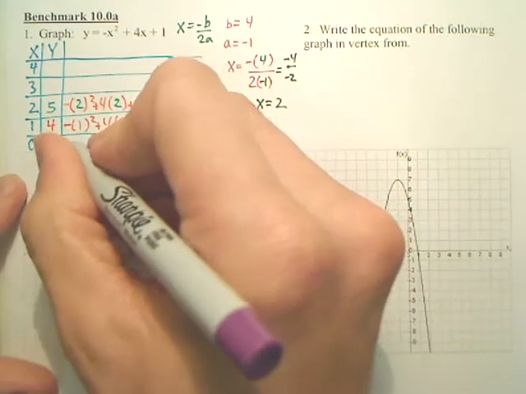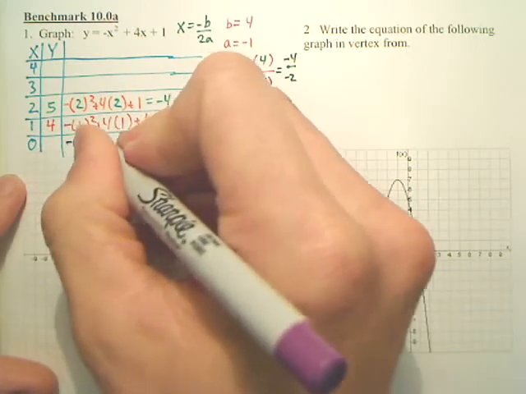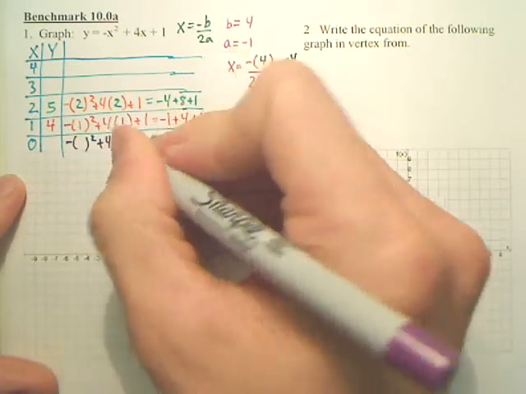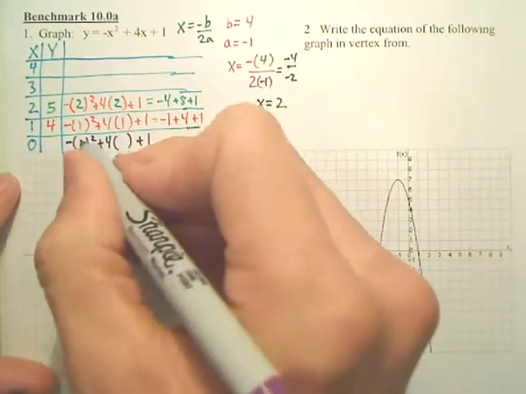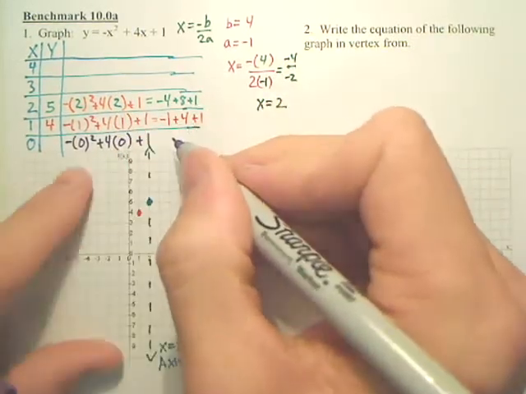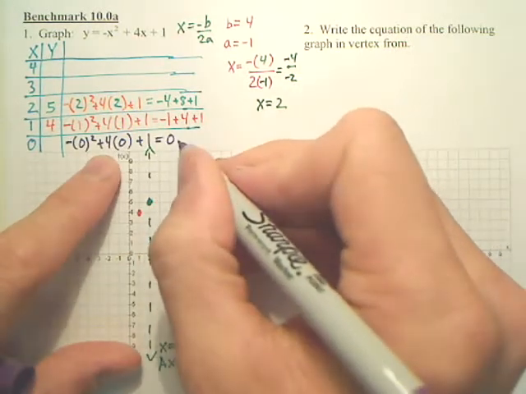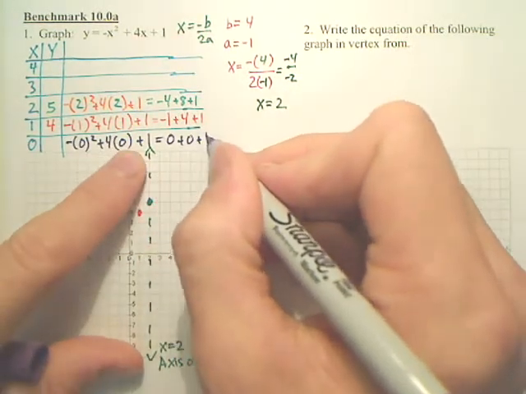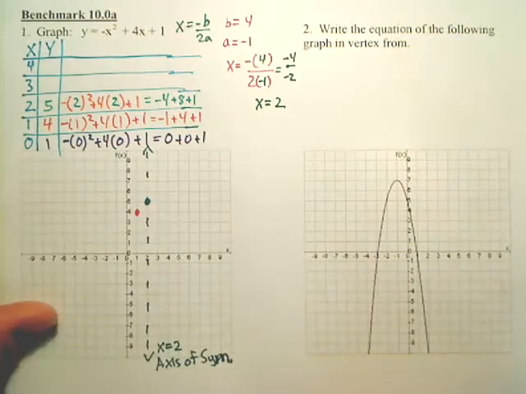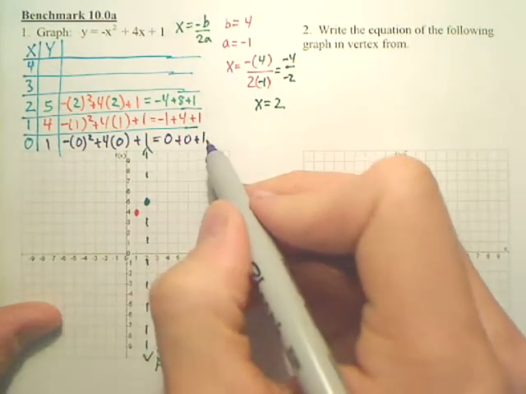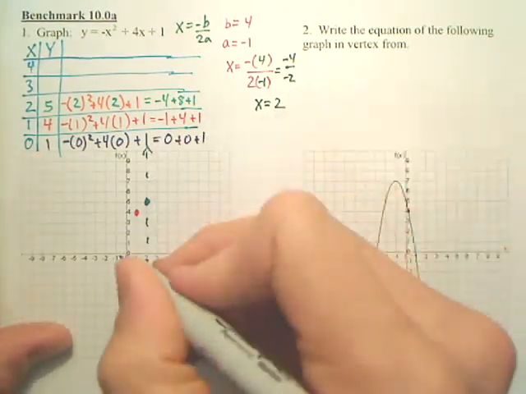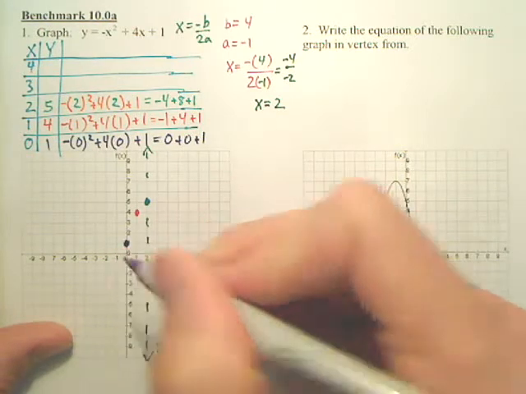And lastly, plug in 0. I love 0. I think you know that by now. It's very easy to plug in. 0 squared, make it negative, that's 0. And that's 1. So 0 plus 1 is 1. So at 0, we went up 1.